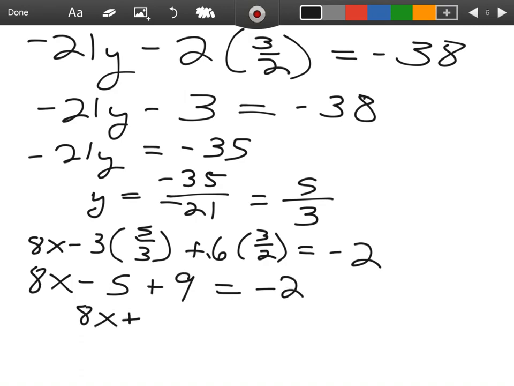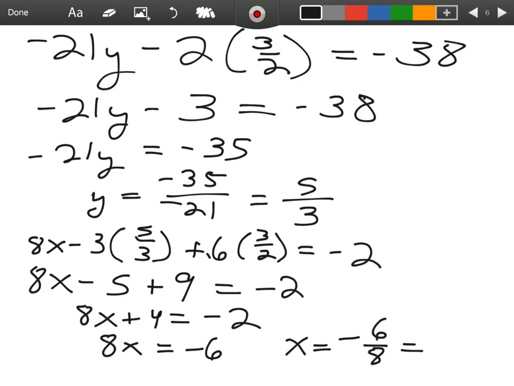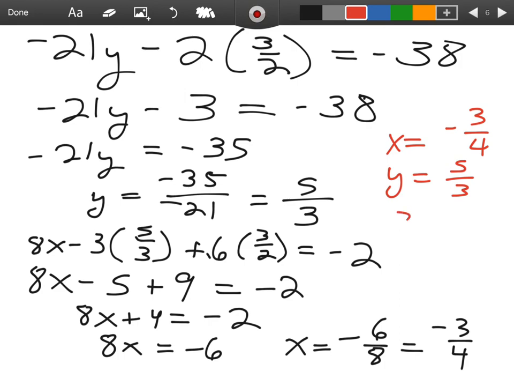So 8x plus 4 equals negative 2. 8x equals negative 6, or x equals negative 6/8, or negative 3/4. So the solution is x equals negative 3/4, y equals 5/3, and z equals 3/2. Okay, that's a good stopping place.